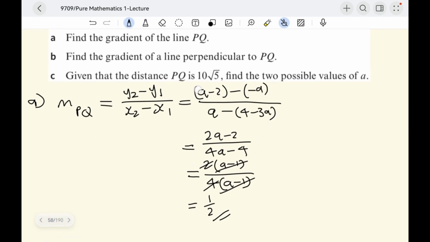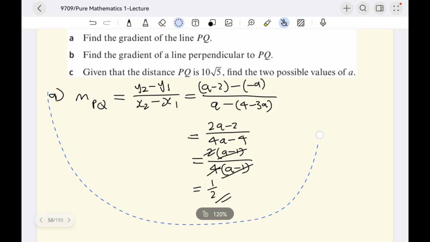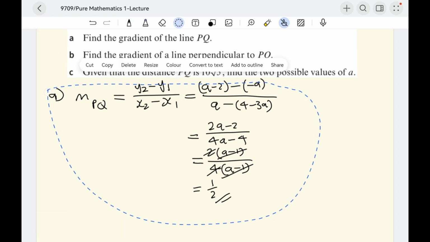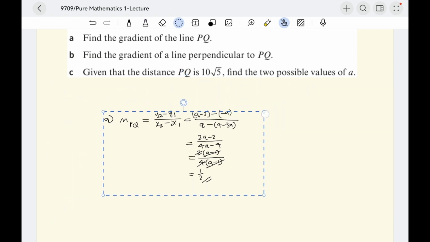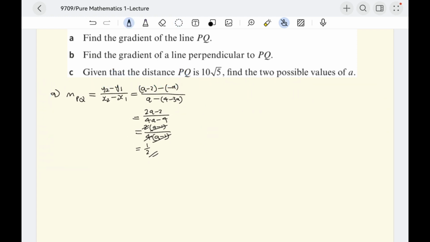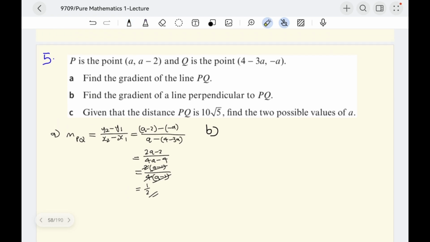Alright, let's move on to part B. Find the gradient of a line which is perpendicular to PQ. Please emphasize this word perpendicular. What does it mean? You need to use the relationship of the two lines.